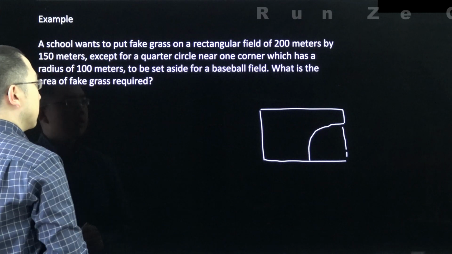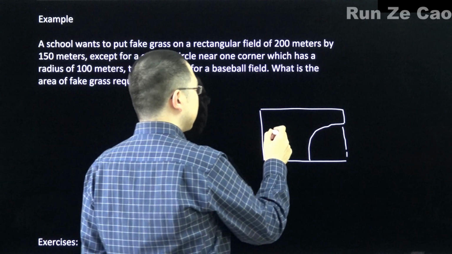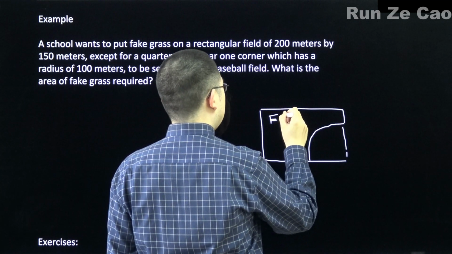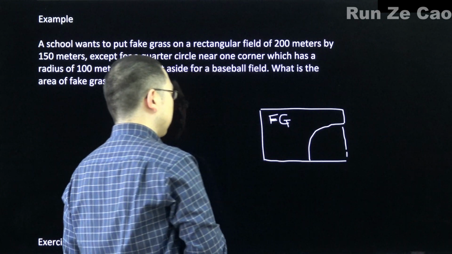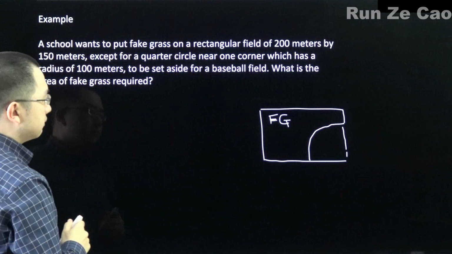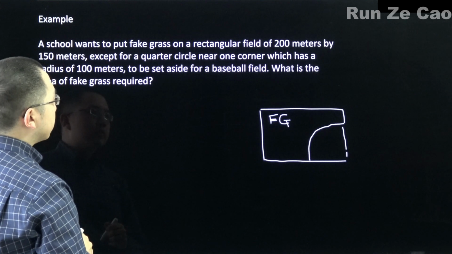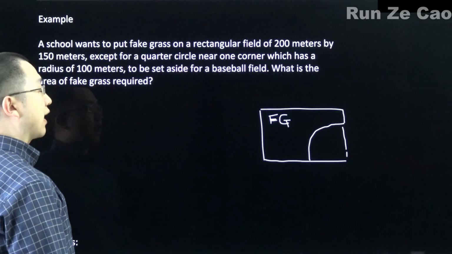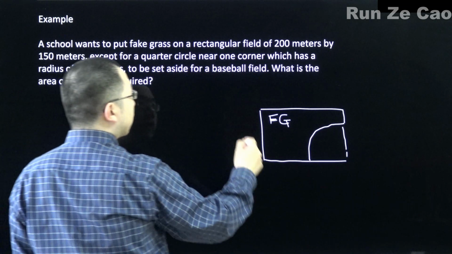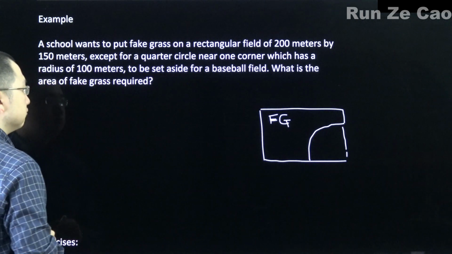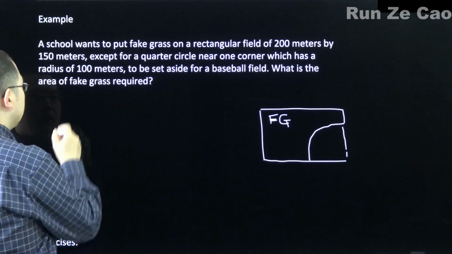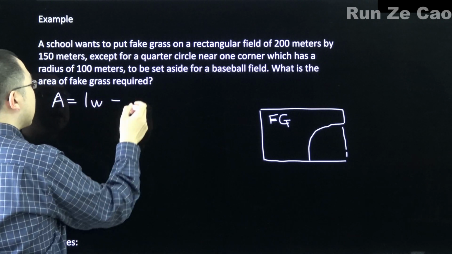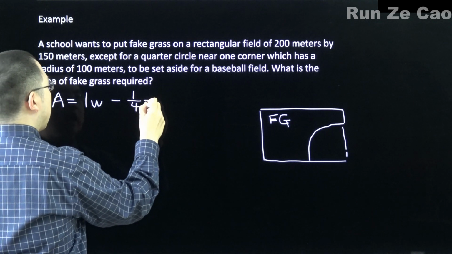So we can draw ourselves a little sketch and label it fake grass, FG. Okay, what is this area? Can we calculate it directly? No, it's not practical. So we take the overall field and we subtract the part that we're not covering. Therefore, the area is equal to length times width minus 1/4 of pi r squared.